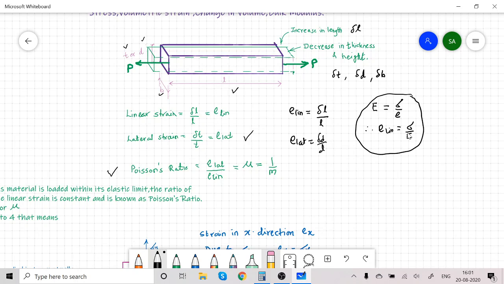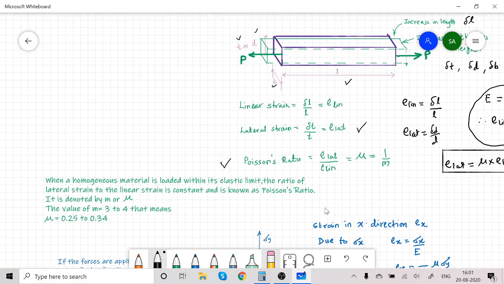Now here you can see that E lateral is equal to mu into E linear. This is another equation you will remember, that is E lateral is equal to mu times E linear.